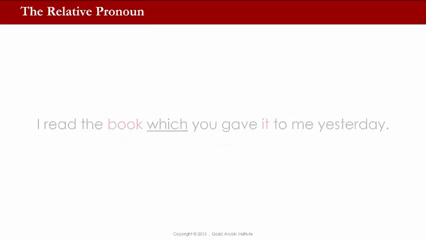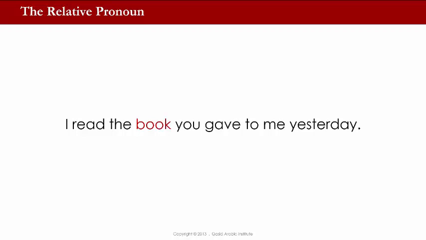Now, if we look at the translation here, I read the book which you gave it to me yesterday, we can say that this is awkward in English. We don't need the it. However, in Arabic, we do need the pronoun to indicate what the connection is between the main clause and the subordinate clause.